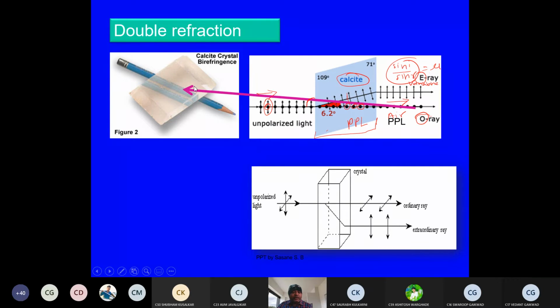So that is why you see this image of the pencil because of the ordinary ray, and you see the second image of the pencil because of the extraordinary ray. And this is possible only in double refracting crystals like calcite, ice, quartz, tourmaline, etc.